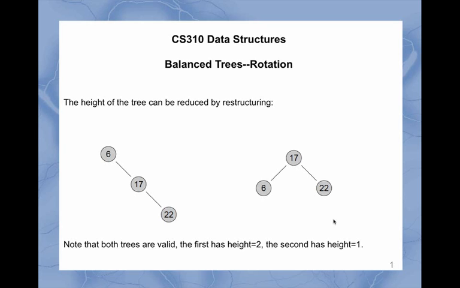I'm going to switch over to the sketchpad and examine how this works. So we start here with a simple tree. And let's put 50, 70, and 30 here. Now I'm going to insert a 20. Can this tree be restructured in a way to reduce the height of the tree? And the answer is no, it cannot.